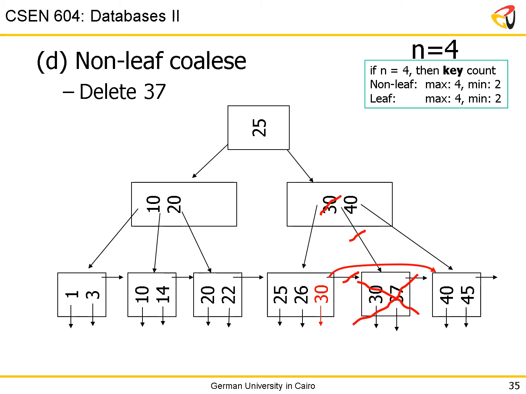So if I move the 40 to this sibling, I will have 3 keys, 10, 20, and 40, and 5 references. And that's not acceptable because our rule is n keys and n plus 1 references.